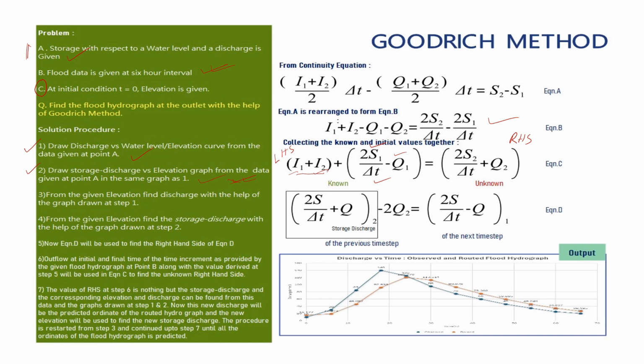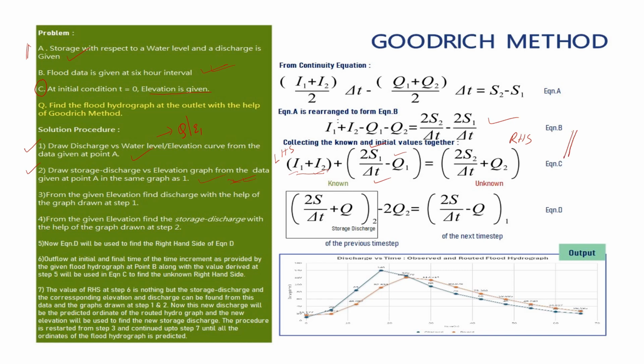So from that graph, with respect to the given elevation, we can derive the outflow Q at the given elevation, because the graph is as I've already shown you.